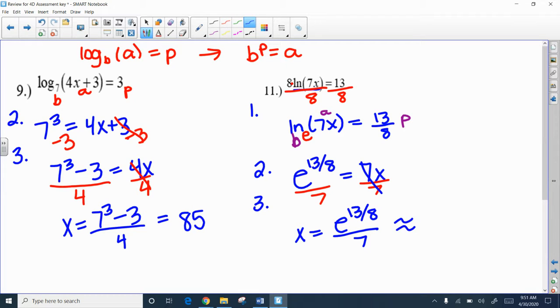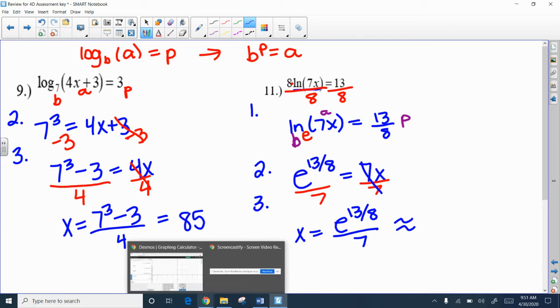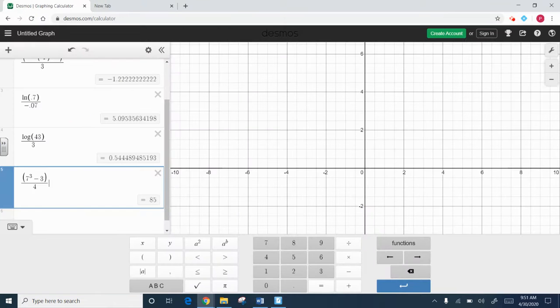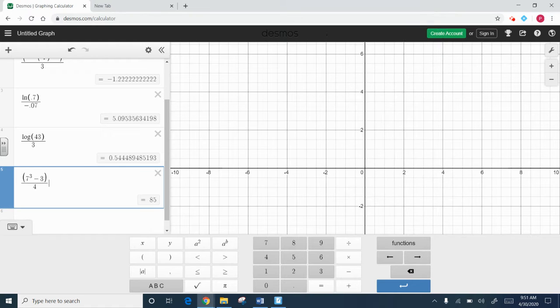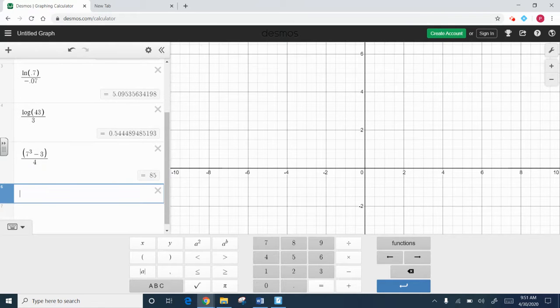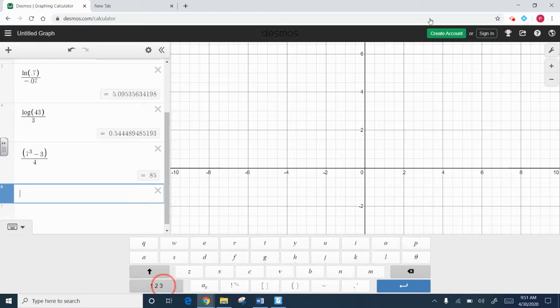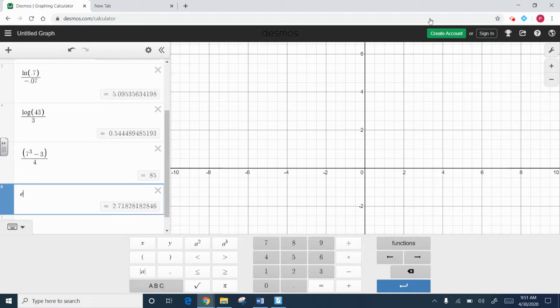And then let's approximate that. On a scientific calculator, you would have an e button, like right here. So e to the power of 13 over 8. Or if you're using Desmos, you can just type the e on your calculator and it uses our e.